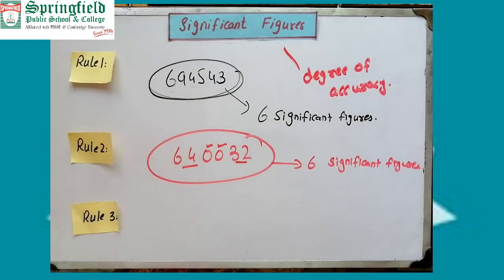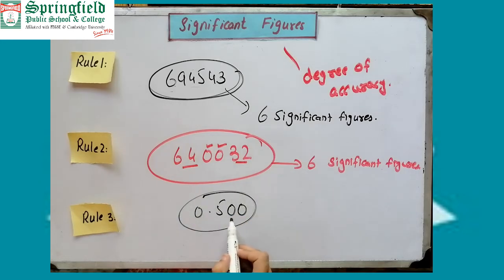they are saying that in a decimal number all zeros after a non-zero digit are significant. So let a decimal number be 0.500, and the rule says that in a decimal number all the zeros after the non-zero digit, 5 is non-zero, are significant.